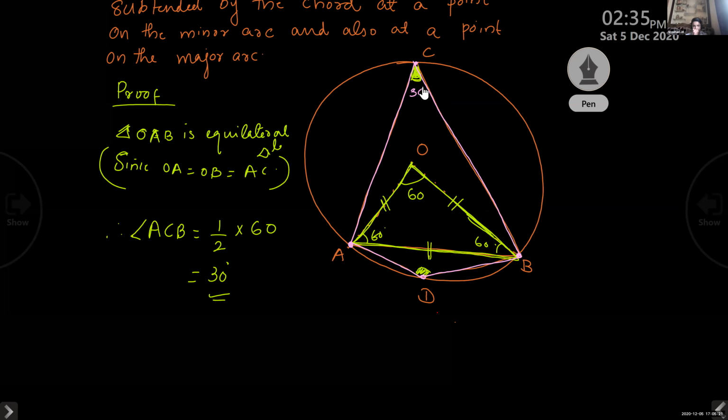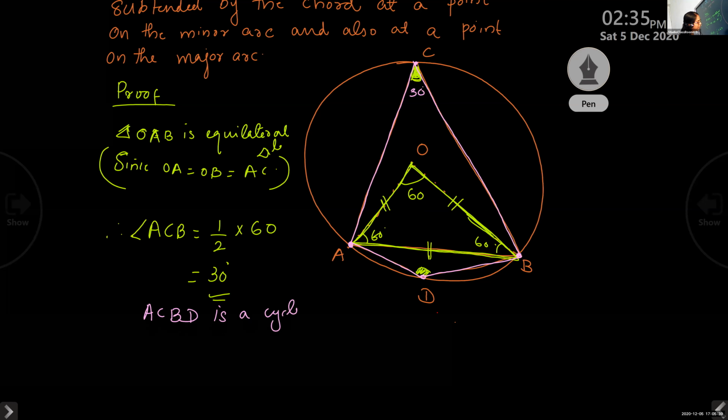It is cyclic. So ACBD is a cyclic quadrilateral.